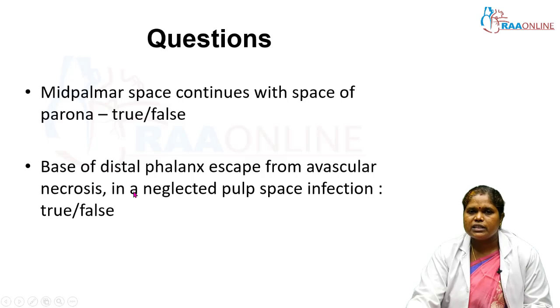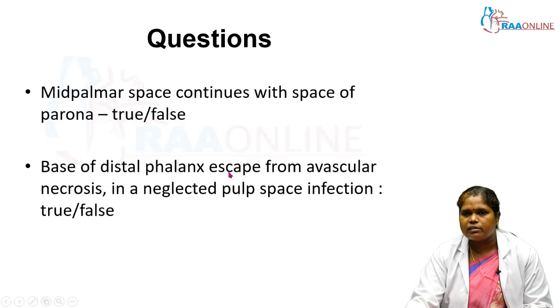The second question is: base of the distal phalanx escapes from avascular necrosis in a neglected pulp space infection. Whether this statement is true or false? Yes, this statement is true.